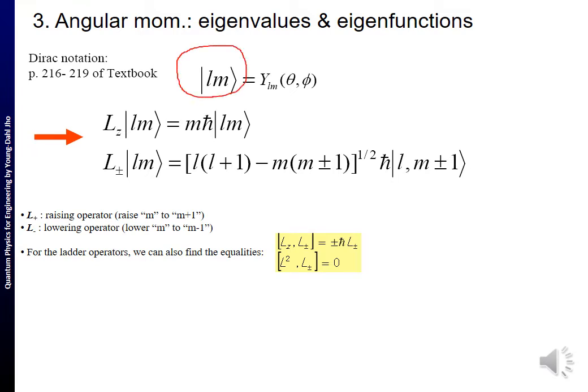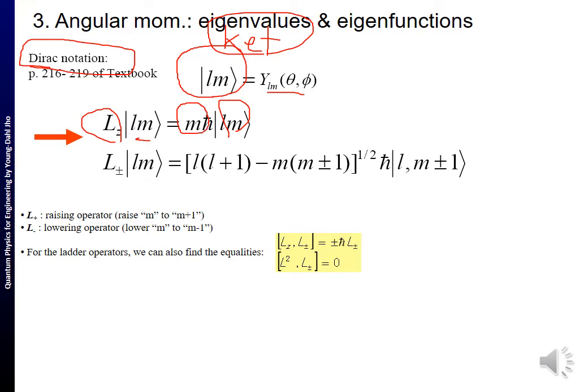And also there is a bracket representation. This is often named Dirac notation, and it is called a ket. So Y_LM has the same meaning as this |L M> within the ket. So if we take the Lz operation onto this |L M>, then you will have |L M> and the quantum number m h bar.